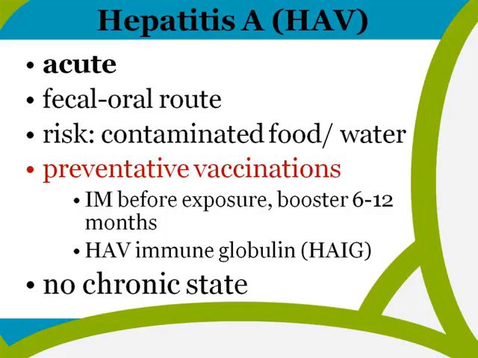When we give an immune globulin, what we're actually giving the patient is antibodies against hepatitis A. So the body doesn't have time to build antibodies and protect itself, so what we're going to do is go ahead and give them the antibodies. With immune globulins, though, they are short-acting, so they are not permanent.